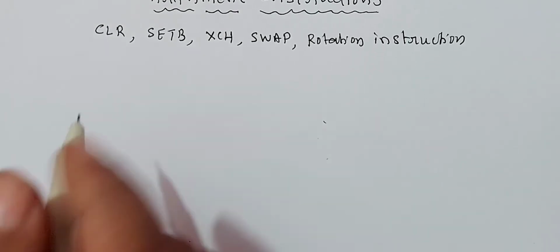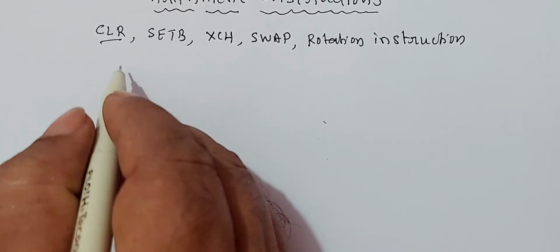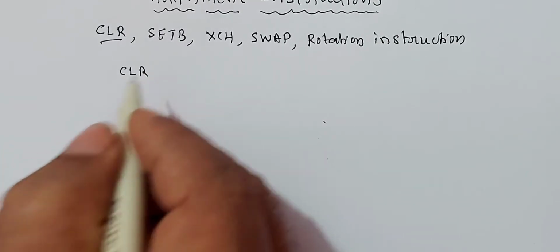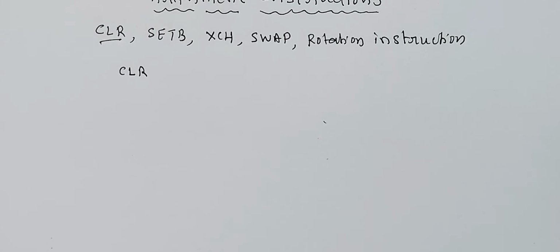Now first, clear instructions. CLR, clear. It is an operation code used to clear the content of a register. Usually the register A is considered.